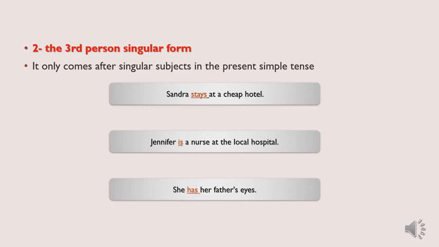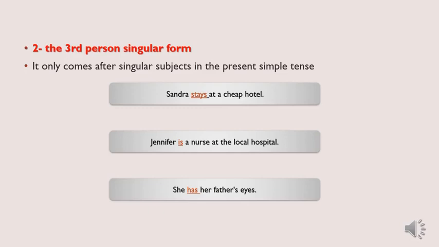The S third person singular is attached to the verb to make it third person singular form. So Sandra stays, the verb is stay. After attaching the S third person singular, it becomes stays. We call this form third person singular form. Another example is Jennifer is a nurse at the local hospital. Jennifer is a singular subject.